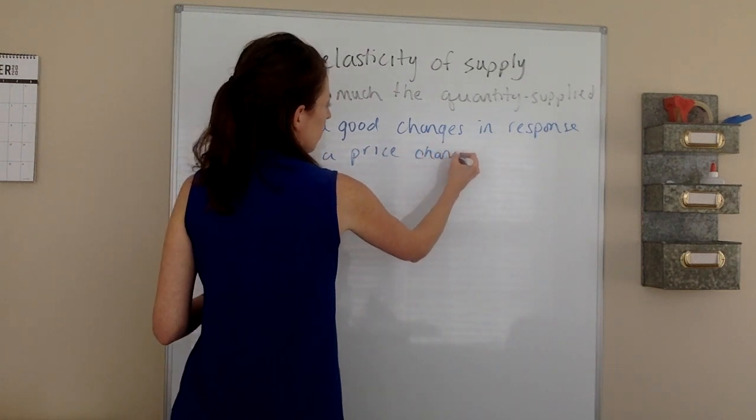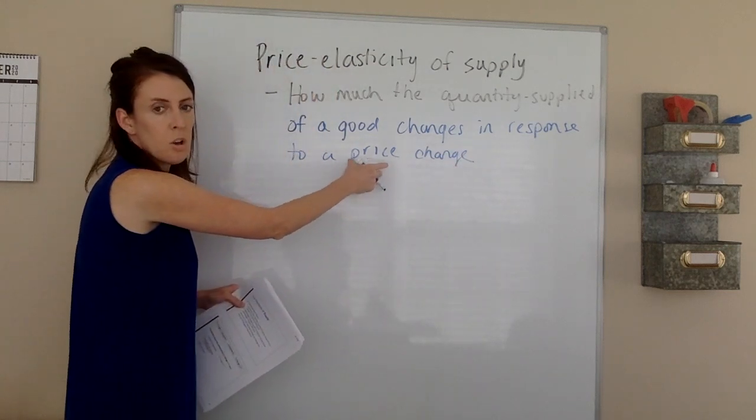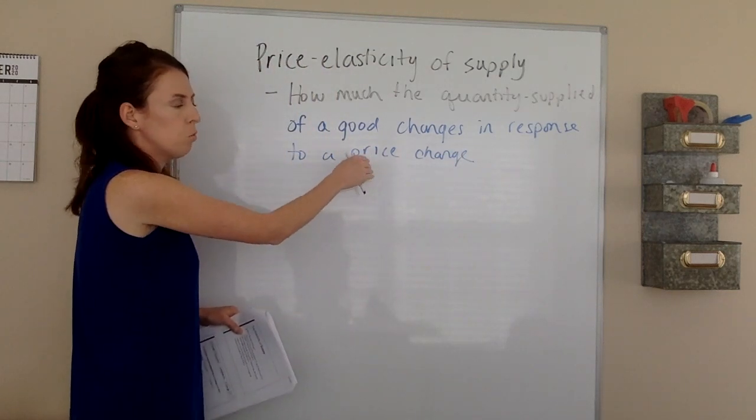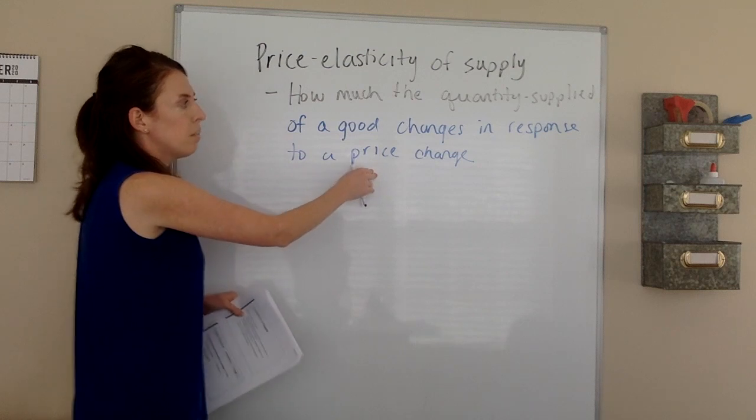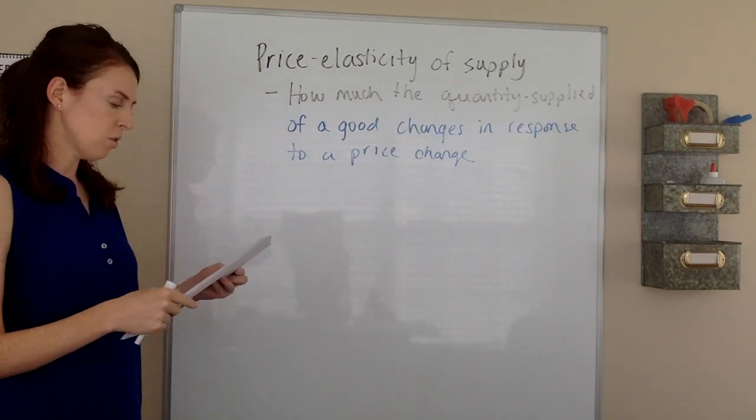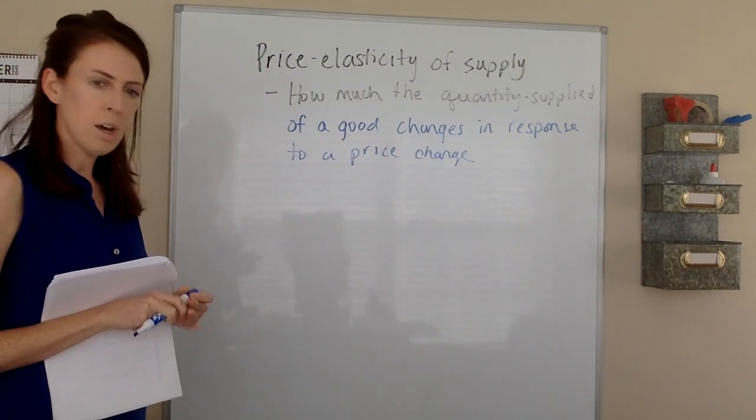And we're thinking specifically about a price change of the same good. So the idea is if the price of widgets changes, then how much does the quantity supplied of widgets change? So it's all anchored to a particular market.